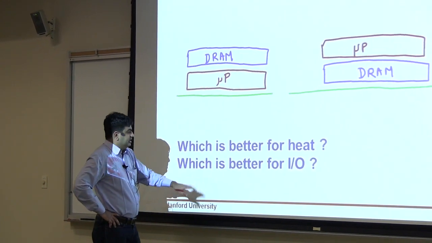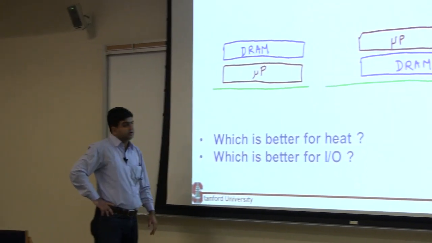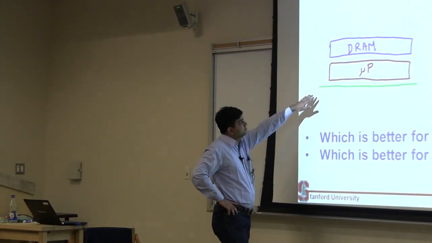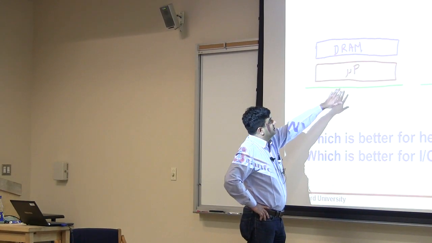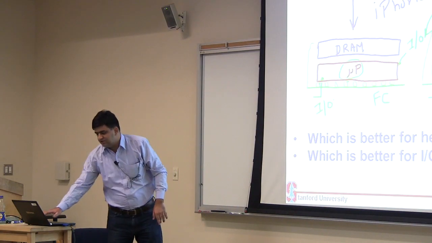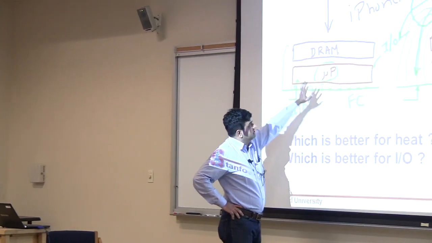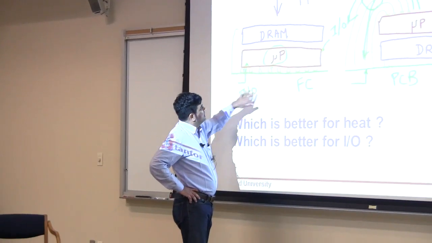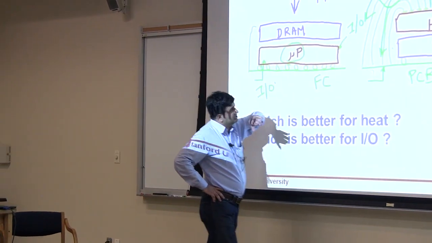But is it better from an I/O perspective? The reason is that most of your input-output connections are going to your microprocessor. So from an I/O perspective, with this implementation you could have this chip flip chip bonded, and you could have most of your I/Os coming from your PCB.